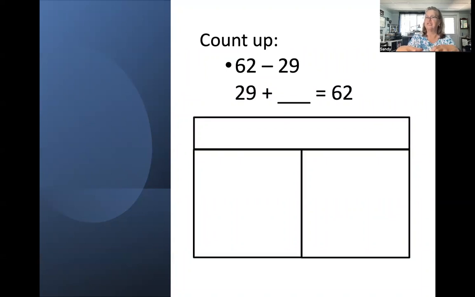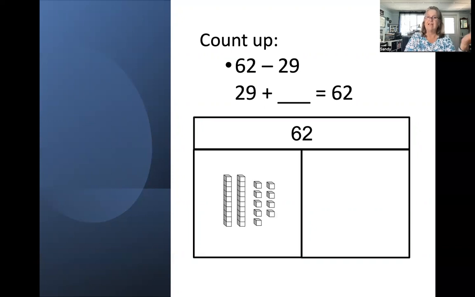And you may see your children using this or seeing pictures of this in their materials. In this case, the total I'm trying to get to is in that top part, 62. And I know I'm starting with 29, and I'm going to count up from 29 to 62 to see what's going to go in that blank. So I start at 29, and 1 is 30, 40, 50, 60, 61, 62.